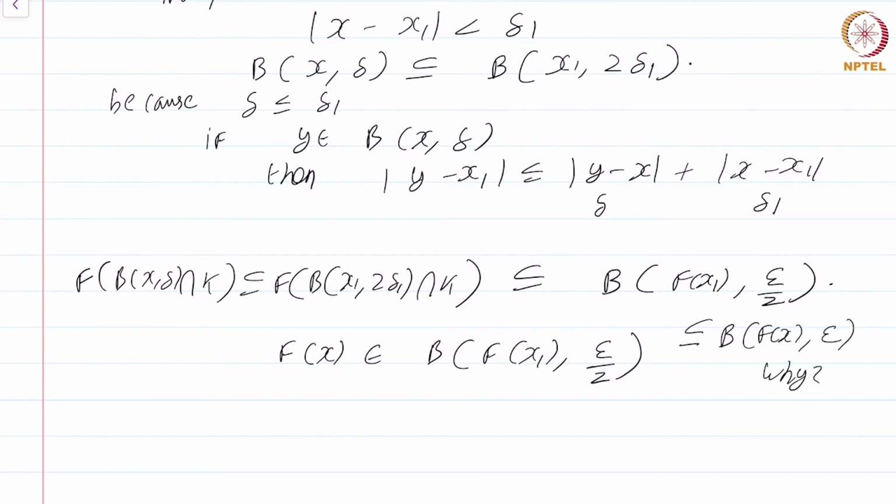Why? Well, it will be easy. We have already seen a similar argument. Okay. So what have we got? We have got f of B(x, delta) intersect K is a subset of B(f(x), epsilon). Haha, we are done.